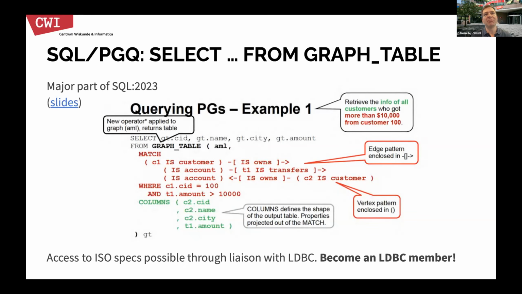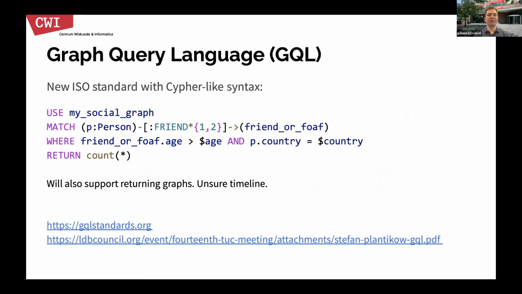So all LDBC members can have access to these specification documents of SQL/PGQ. And it's actually free to become an associate member for LDBC. So go to the LDBC website, become an associate member, and then you can also look at these documents.